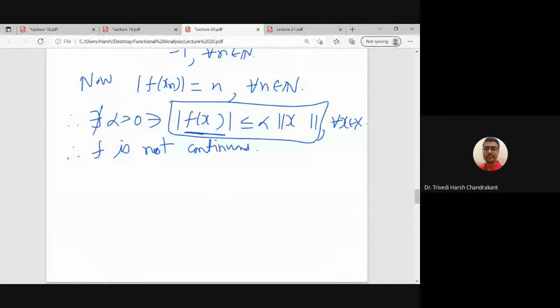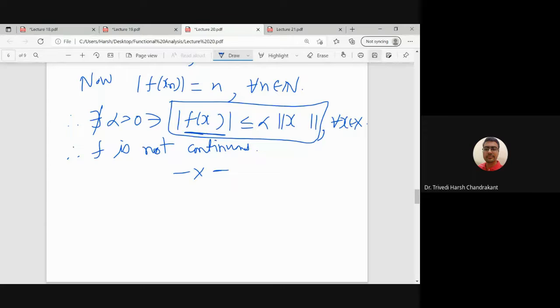When we have a functional, we take modulus. When we have a space where the norm is other than modulus, we take the norm of the codomain. That will be norm of f of x, because f of x is an element of the codomain.